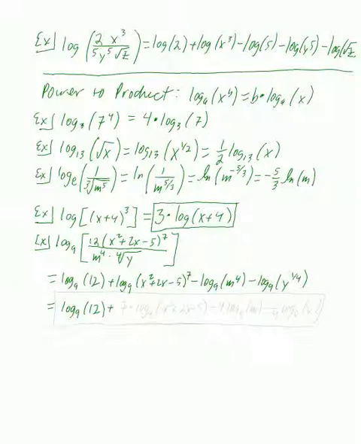Plus, I'm going to bring the 7 down times log base 9 of x squared plus 2x minus 5, minus, I'm now going to bring the 4 down with the m, 4 log base 9 of m, and with the y I'm going to bring minus 1/4 down. That'll be log base 9 of y. And that is as broken down as we can make that for right now.